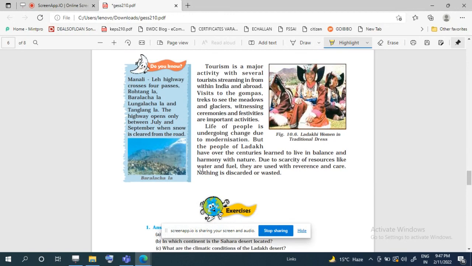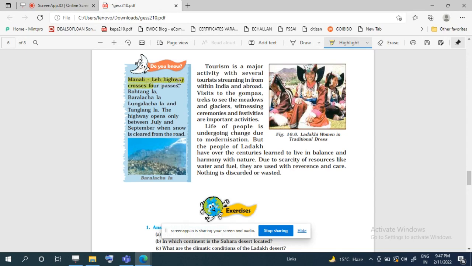Okay. Now there are some extra pieces of information, like the Manali-Leh highway that crosses 4 passes. The Manali-Leh highway, which connects Manali in Himachal with Leh in Ladakh, passes through 4 passes.